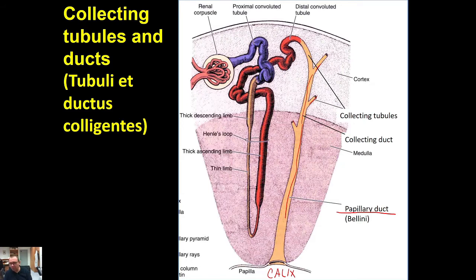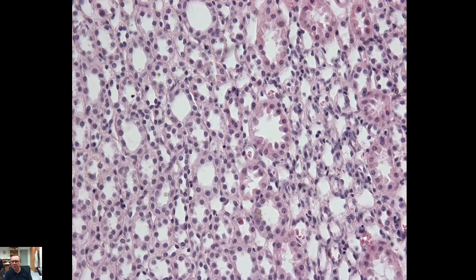The epithelium of all collecting tubules and ducts is simple. At the smallest tubules it's simple cuboidal. Then in collecting ducts and papillary ducts it's simple columnar.